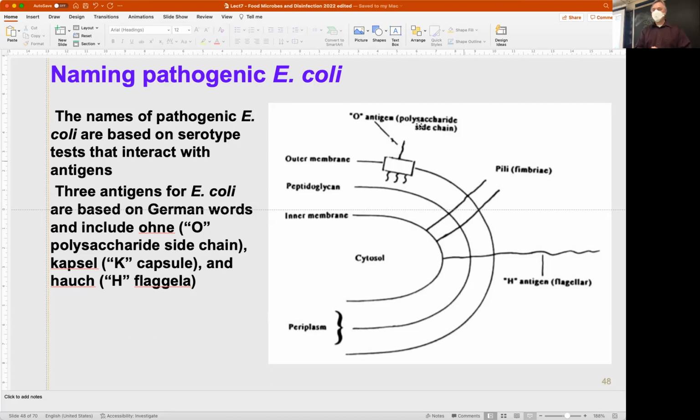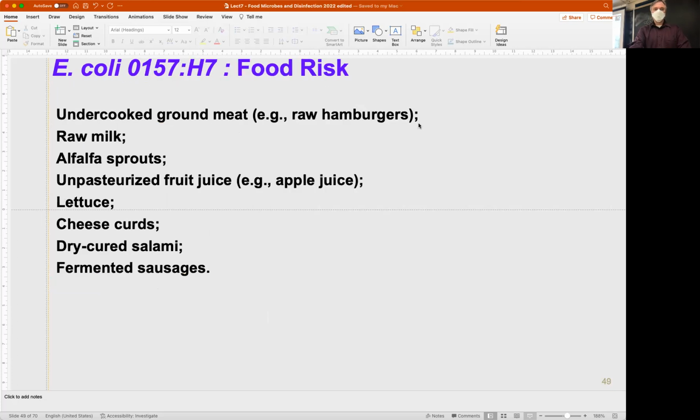So we get these O and H from the German words for polysaccharide chain and flagella. So you see here, there's the E. coli O157:H7. There's a reason for the name: they've done these tests to figure out what parts of the immune system react to it.